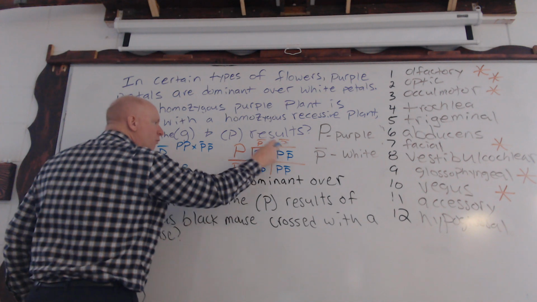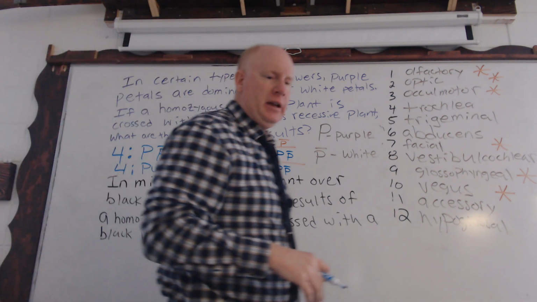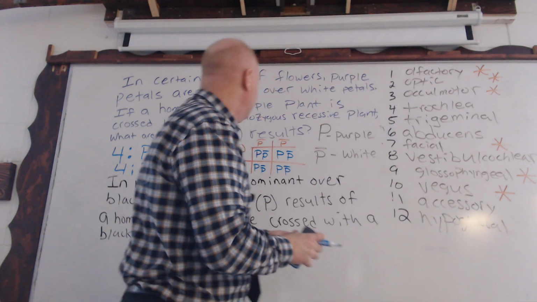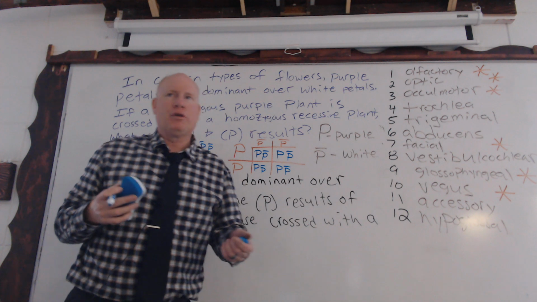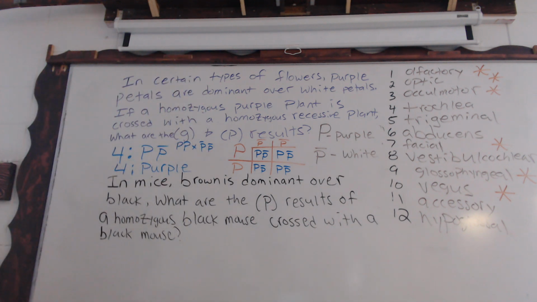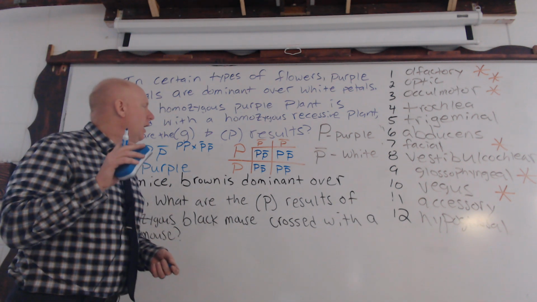So if we were to do this cross now, that's something that Mendel had discovered: does that white trait disappear? We're crossing these purple flowers with white flowers, and it would appear that any type of white color would disappear, but that is not the case, and this is how we know.